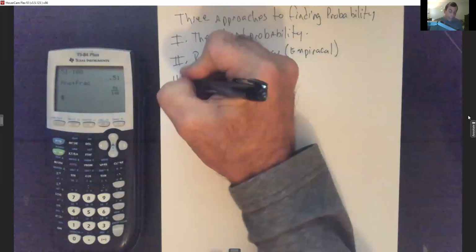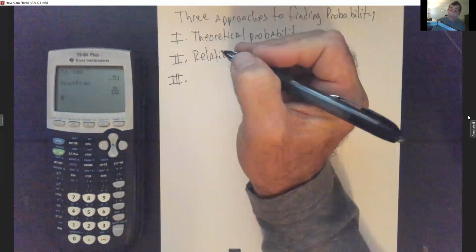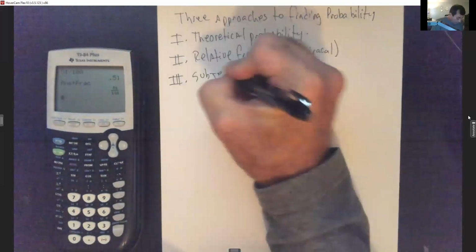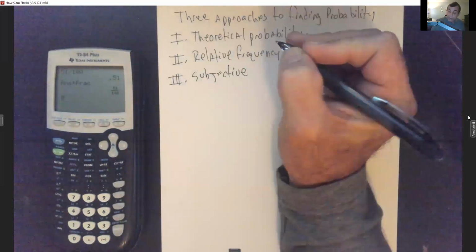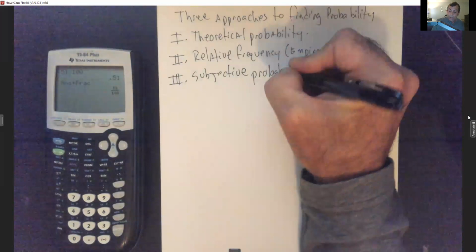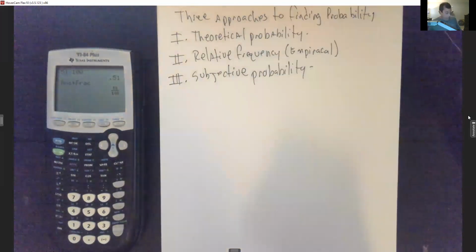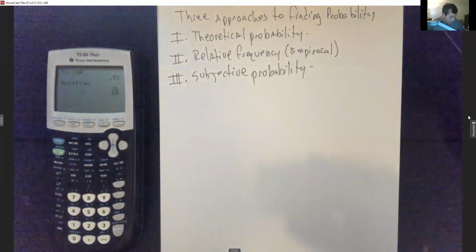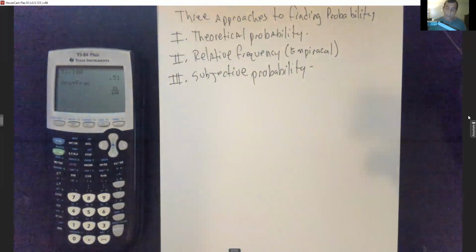Number 3 would be what we call subjective probability. And subjective probability is just an estimate based on experience or intuition.